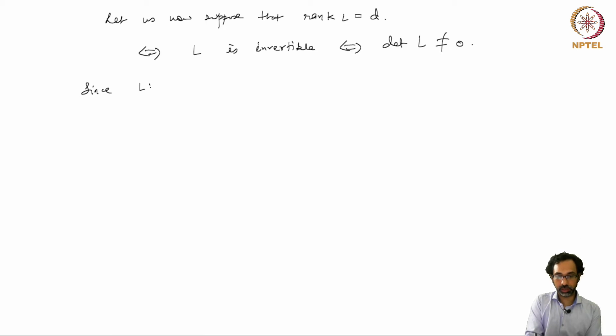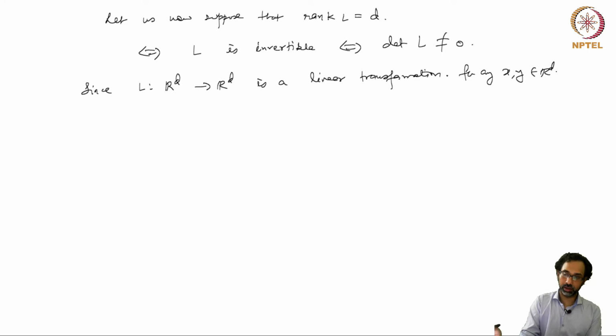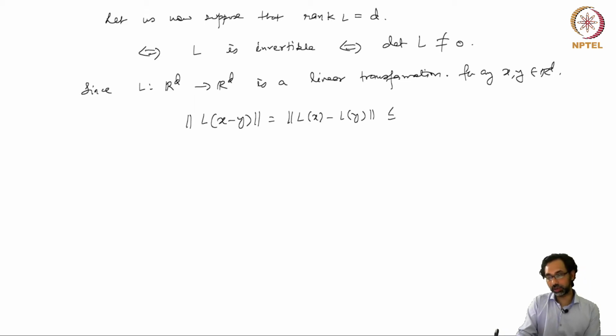Since L is a linear transformation, for any x, y in R^d we have the following inequality: L(x - y) = Lx - Ly, and this is less than or equal to some constant times |x - y|.